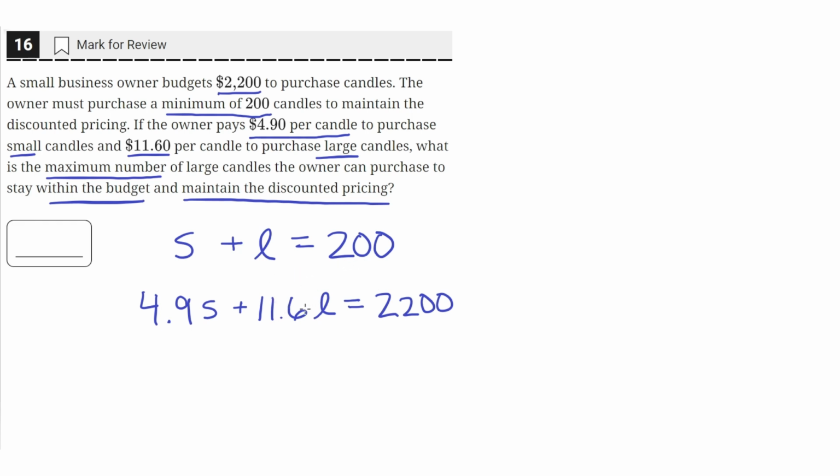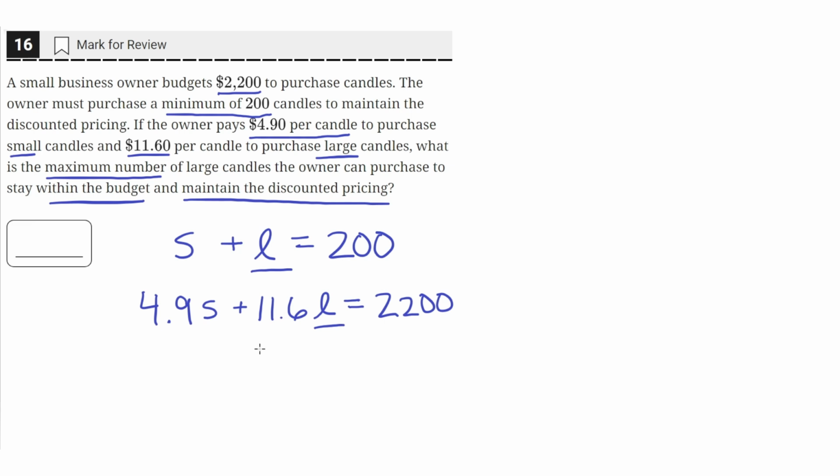So when we solve for L here for the number of large candles, this will give us the number of large candles needed to just barely add up to 200 total candles, and for the cost to be just at 2,200. So this will give us the maximum number of large candles.